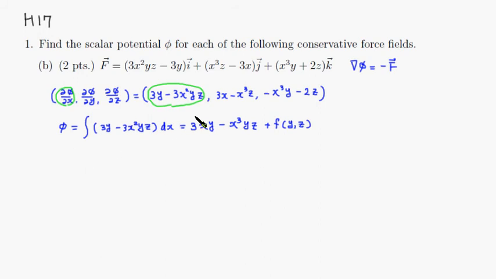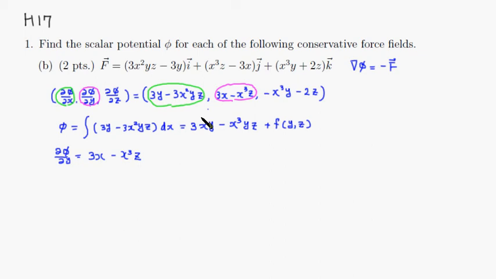Then we're going to match the partial of phi with respect to y with this term right here. If you take the partial derivative of phi with respect to y, you're going to get 3x. The partial of the next term with respect to y is negative x cubed z.